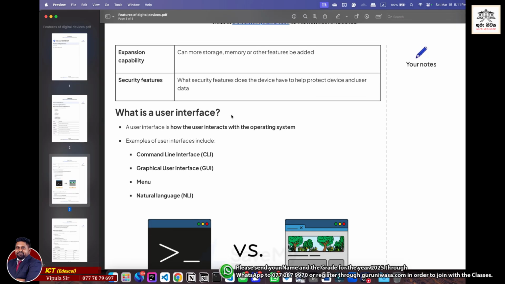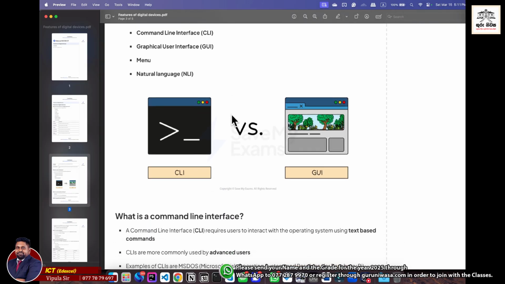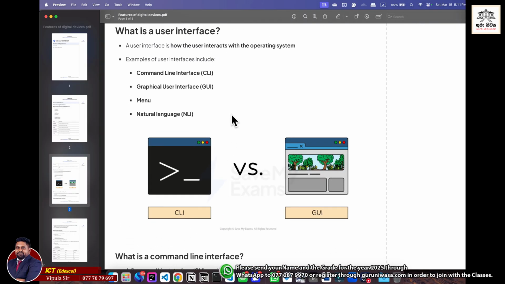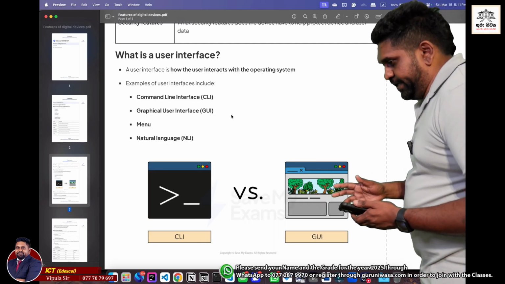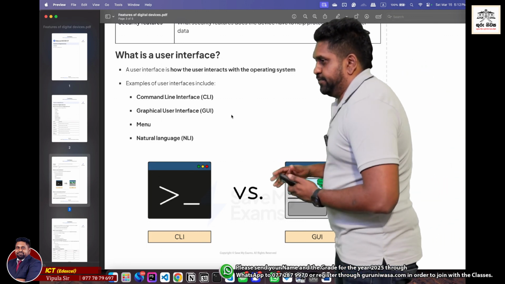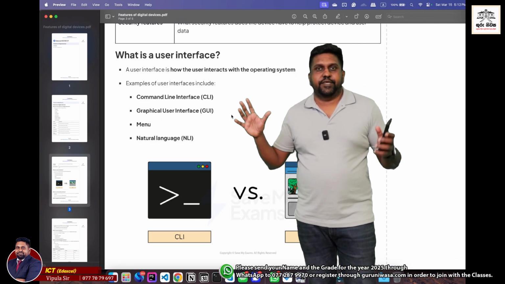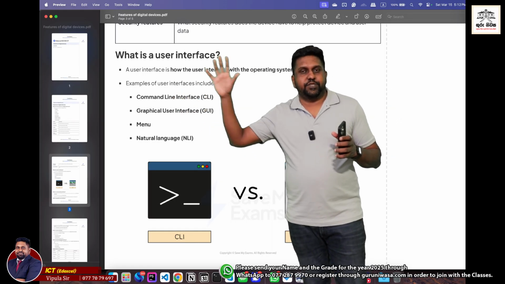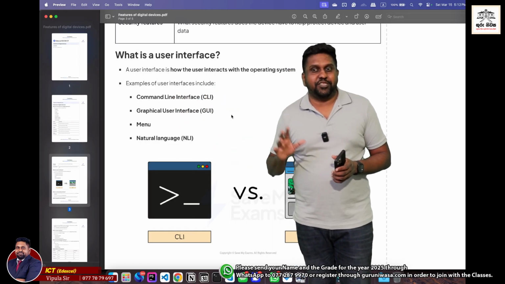Then we jump into the user interface. We have two different types of interfaces. When it comes to computers and devices, we have a front end, which is known as the user interface or the graphical user interface, GUI.